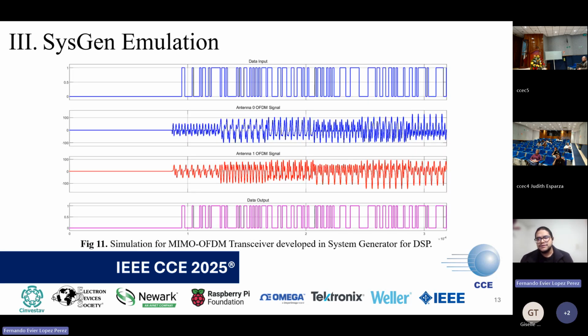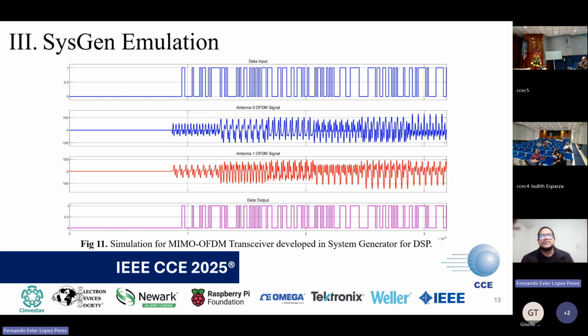Here we have a simulation for the system. In the top signal, we have the data input in binary form, and the 2 middle signals correspond to the OFDM signals for antenna 0 and antenna 1. After that, we have the data output that has been reconstructed. We can see that we have a little delay for when the system starts working.